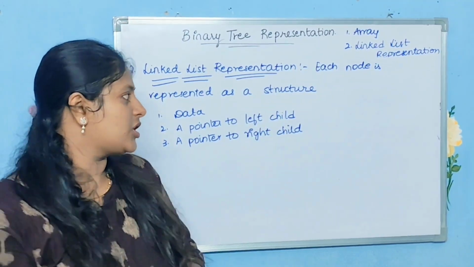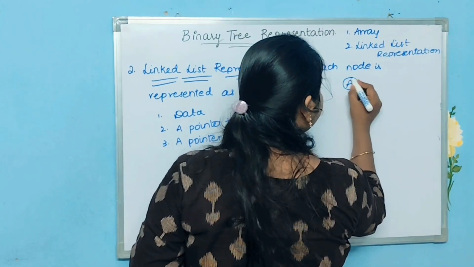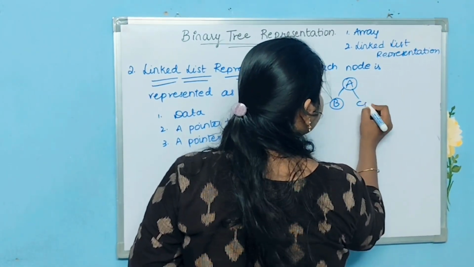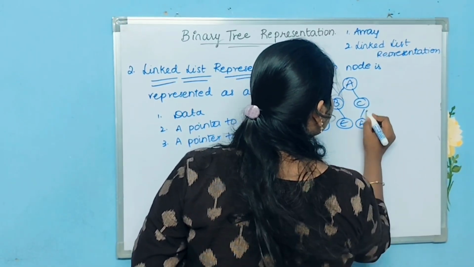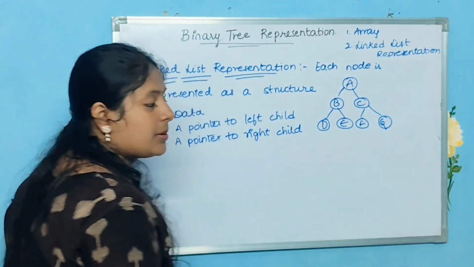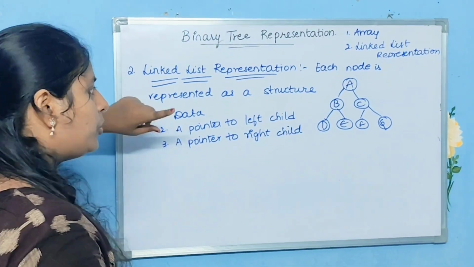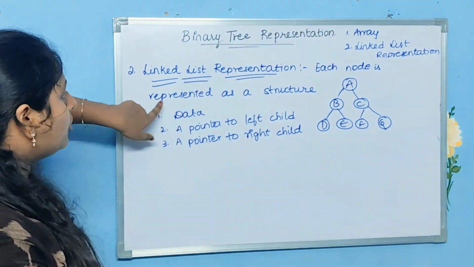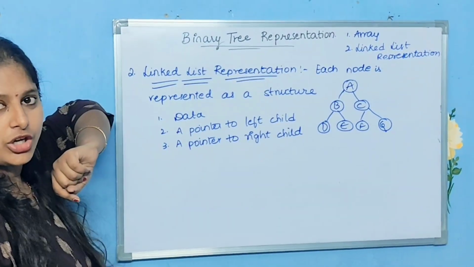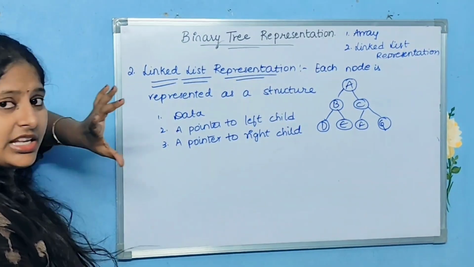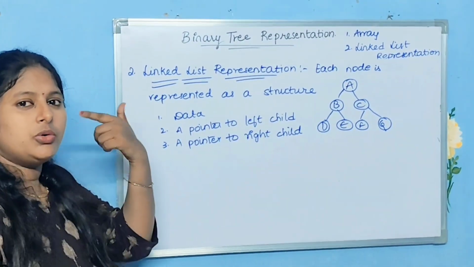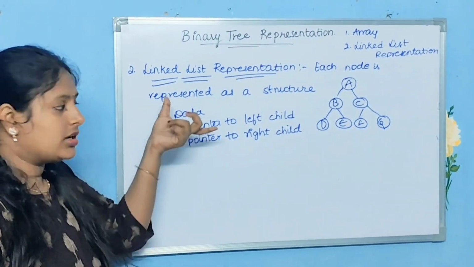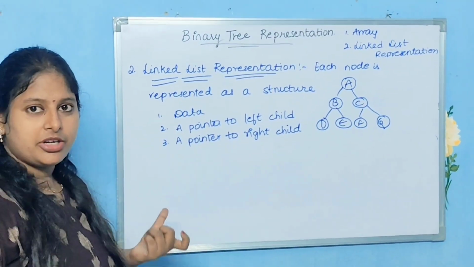Okay. Suppose this is my tree. Now, how will I represent it? Each node is represented as a structure, so that each node will have a data part, a left pointer, and a right pointer. You remember hearing this: data part, left pointer, right pointer?